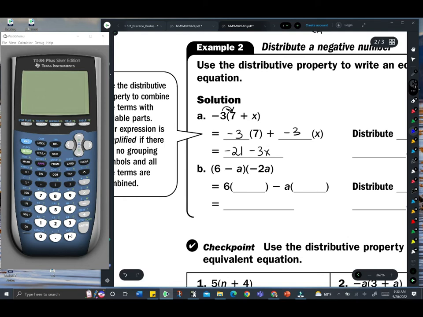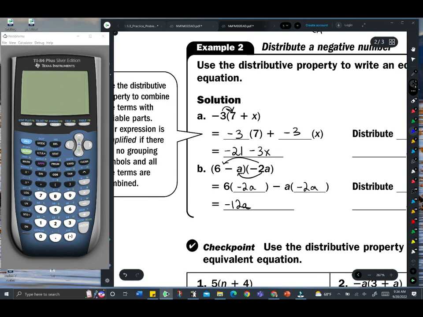Now, for part B, take your time. Negative 2a times 6 and times a. Look at them individually. 6 times negative 2 is negative 12. We still have the a there. What do we have here?